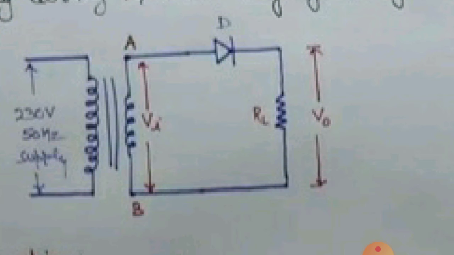On the secondary side we have two points, A and B. Across the secondary the voltage is Vi, the input voltage, and across the load resistance we note the voltage Vout, the output voltage.